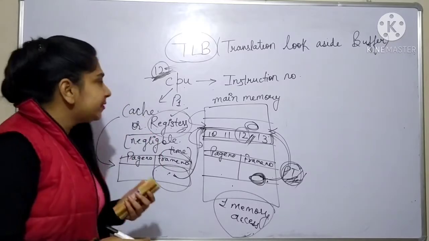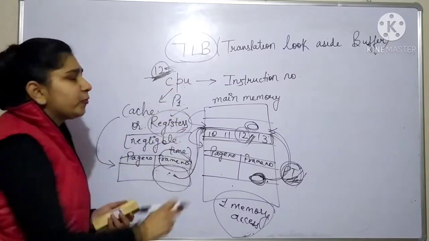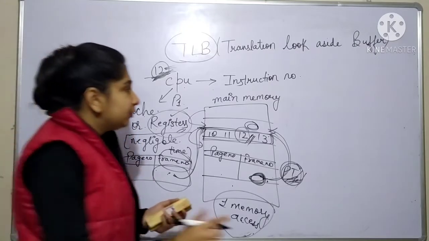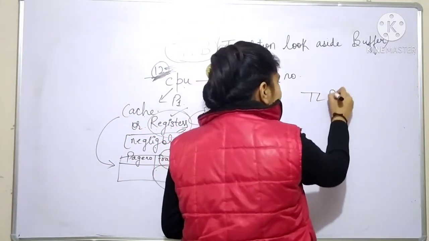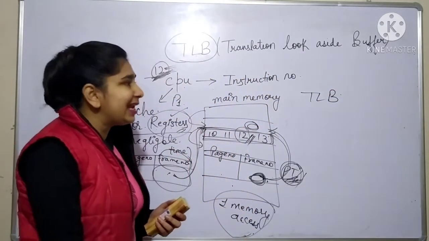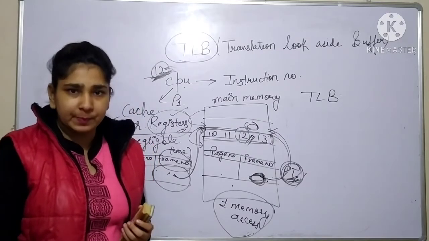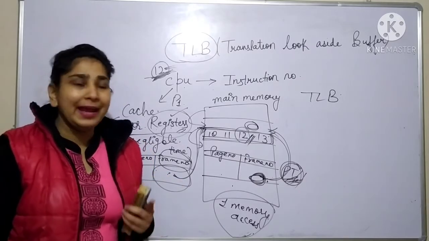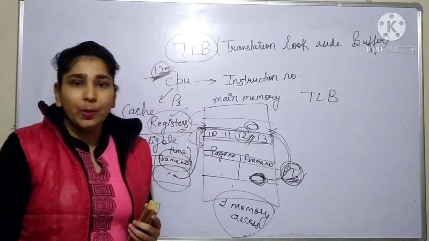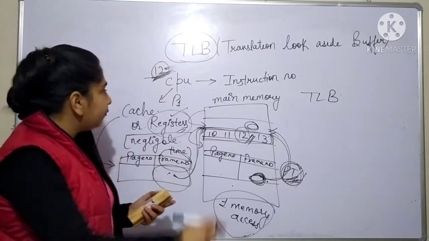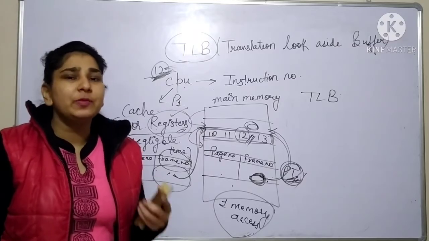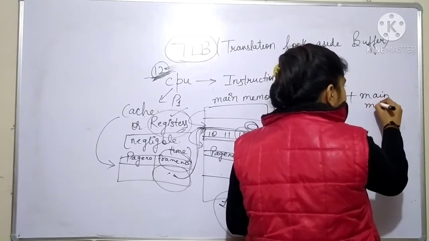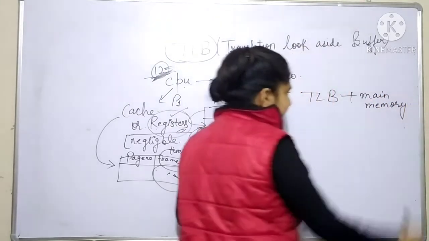So, if your CPU requests some instruction, first of all we will check the TLB, the translation look-aside buffer. If you find the page table entry for the instruction number requested by the CPU, then we will access the main memory only once to fetch the original instruction.